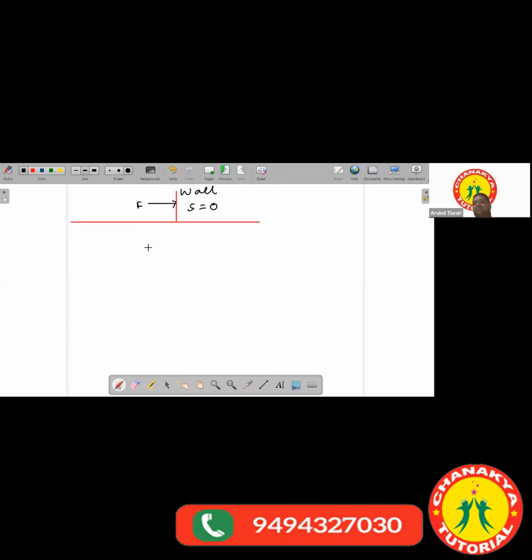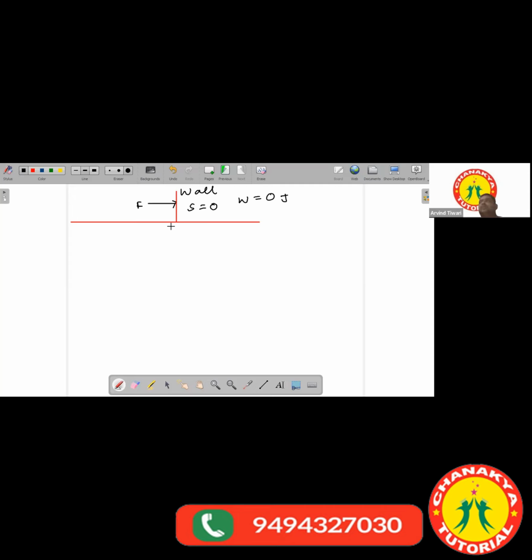So what should be the work done? 0. Our work done is 0 joule. This is the case where we have some force, but there is no displacement, and hence the work done will be 0.